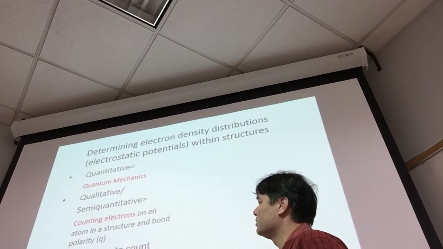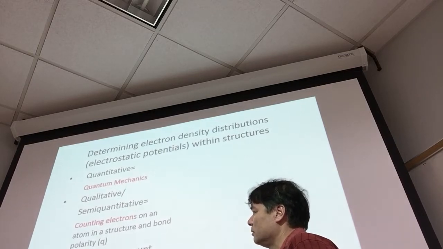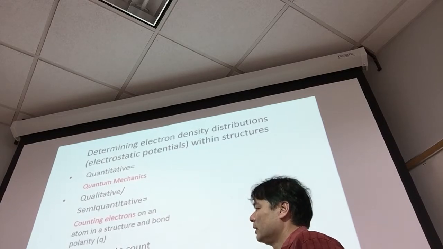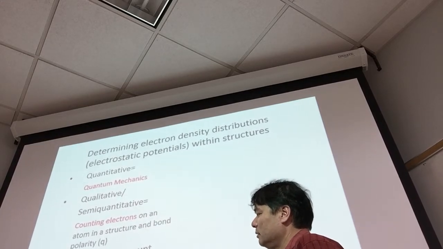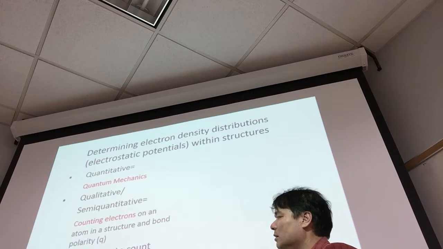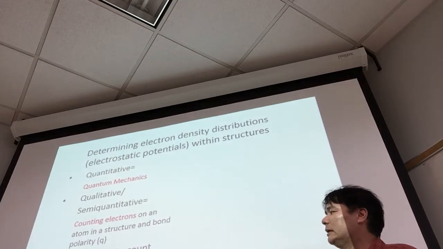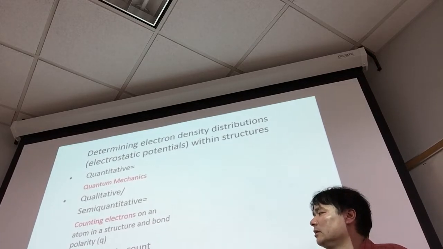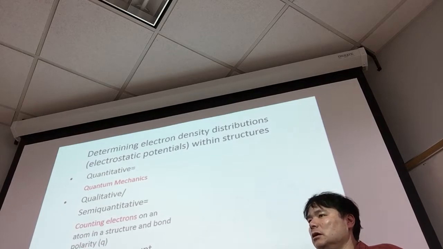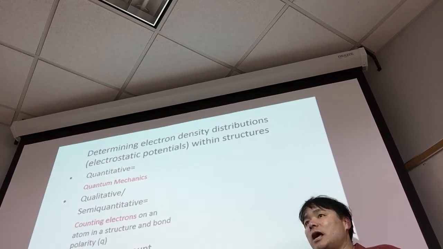How do we count electrons? There are 3 ways to count electrons. We can count electrons via the octet. Octets is the total number of electrons surrounding the atom. We can count the electrons based on formal charge.